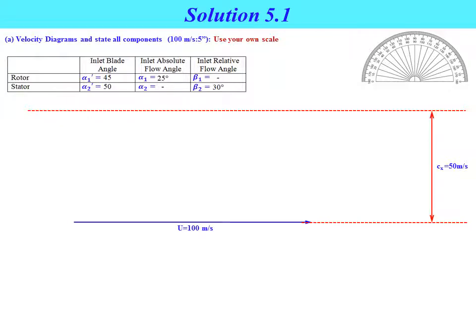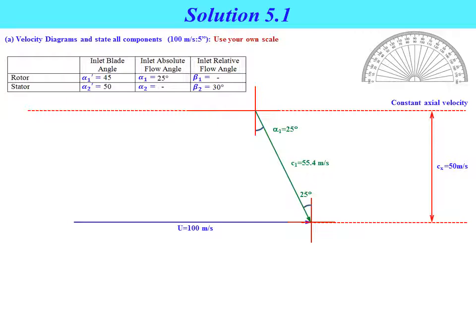By using the vector principle, we can draw the C1 vector, where the flow angle alpha 1 is already given as 25 degrees. From the endpoint of the U vector, we measure the angle and draw the line according to the angle. The line that intersects the upper limit of axial velocity is the line for vector C1.